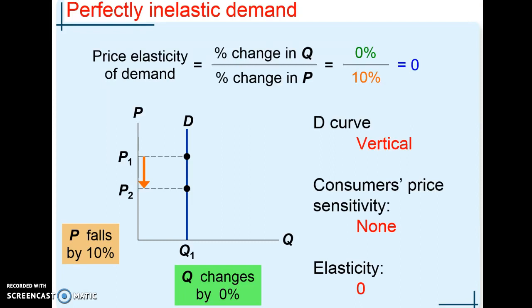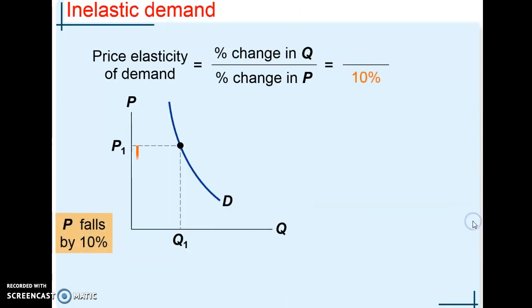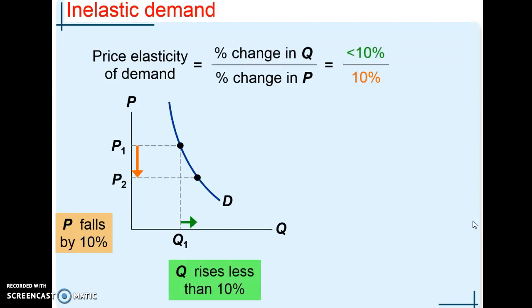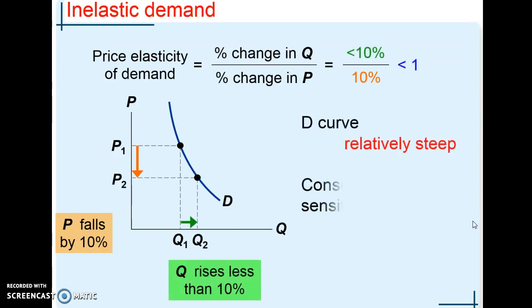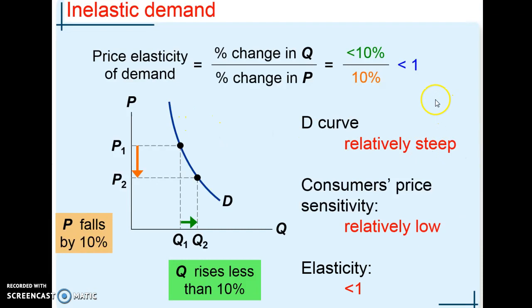If demand is perfectly inelastic, the demand curve is going to be vertical, straight up and down. If demand is inelastic, the price elasticity will be calculated as a number less than 1. The demand curve is still going to be relatively steep, and consumers' price sensitivity will be low.